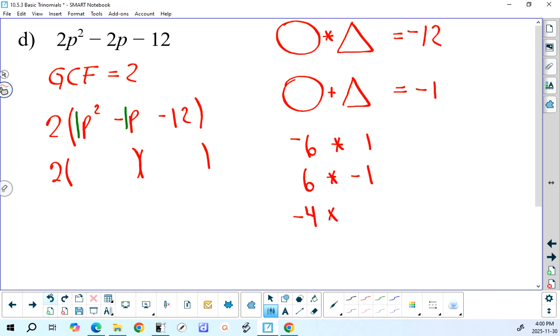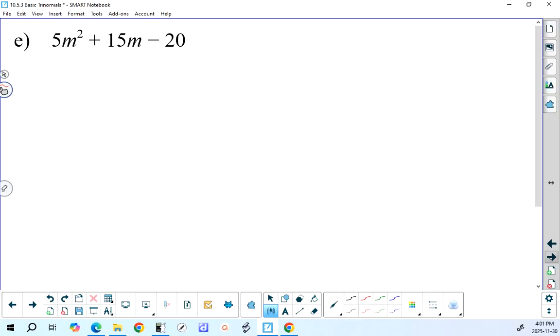Maybe you try negative 4 times 3, which of course gives you negative 12, and to boot, in the words of my grandpa, negative 4 plus 3 gives you negative 1, which is what we want. So that means it's p minus 4 and p plus 3. Another one with a common factor. Take the 5 out. You're left with m squared plus 3m minus 4.